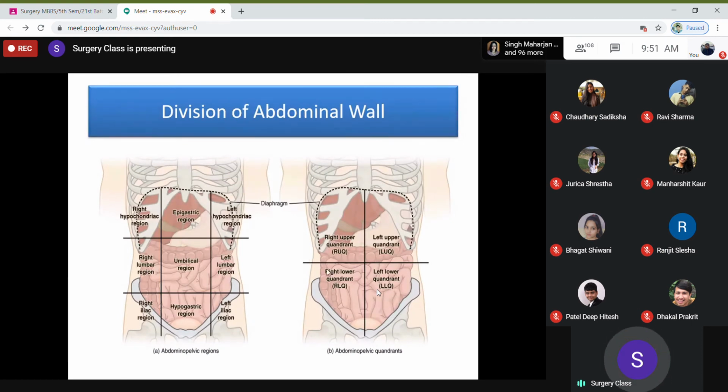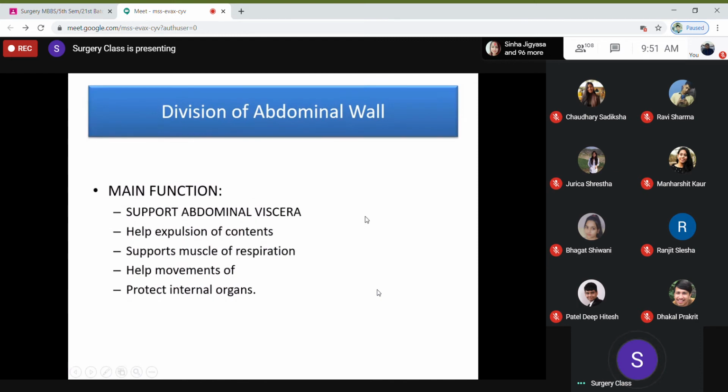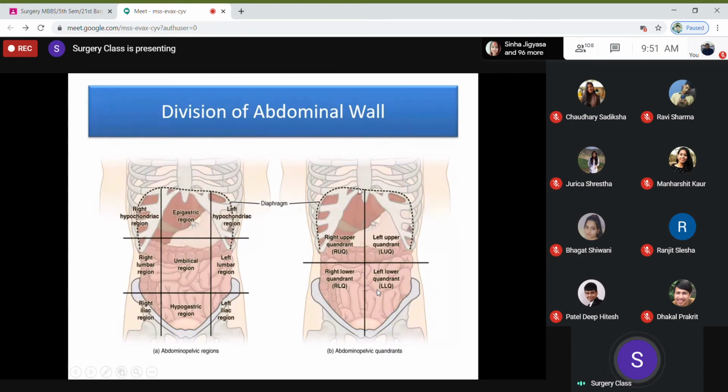One is the quadrants, which is four. How do they divide it? One line from the xiphisternum to the symphysis, and a transverse line between the highest point of the iliac crest and the lowest point of the costal margin.